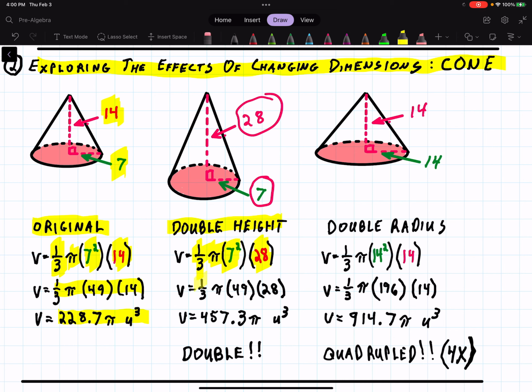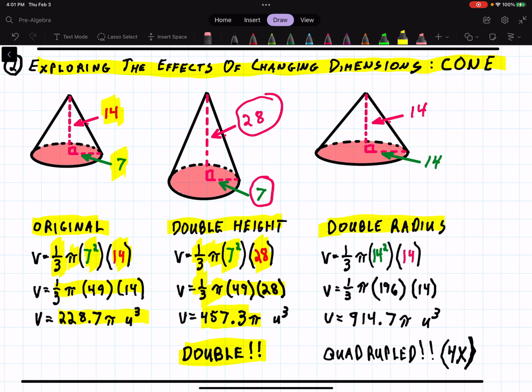And when we multiply that out, 1/3 times pi times 49 times 28, we end up with 457.3 pi units cubed, which is basically double the size. So just like in a cylinder, if we double the height of a cone, we have doubled the volume of that cone.